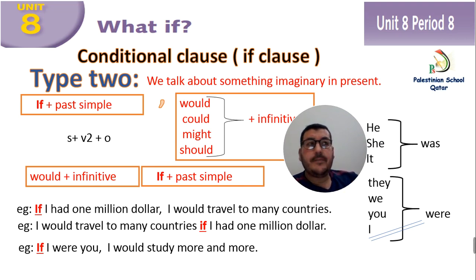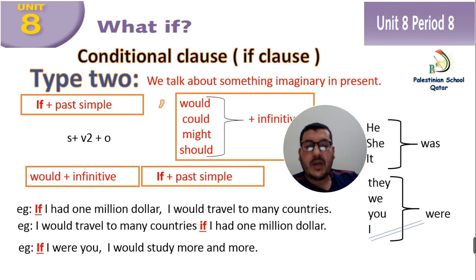If I were a doctor, as I said, if I were the head teacher, whatever, if I were an engineer, if I were your dad, I could do something else for you. So when I say I was, I have to change it to I were, if I were.